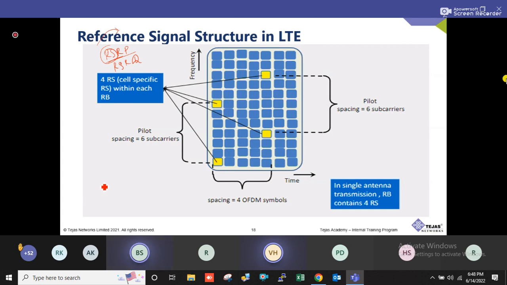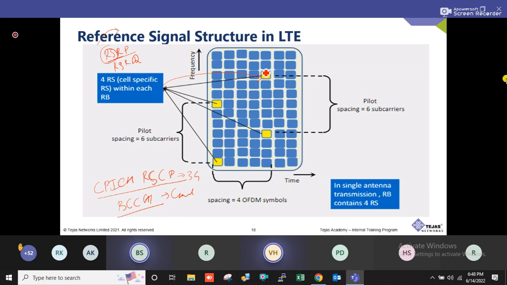It is similar to what we had in 3G, called CPICH. People from a 3G background might understand this: common pilot indicator channel, received signal code power. Or in 2G we had the BCCH channel. This was used for channel estimation. Similarly in LTE, to do channel estimation we require the reference signal.